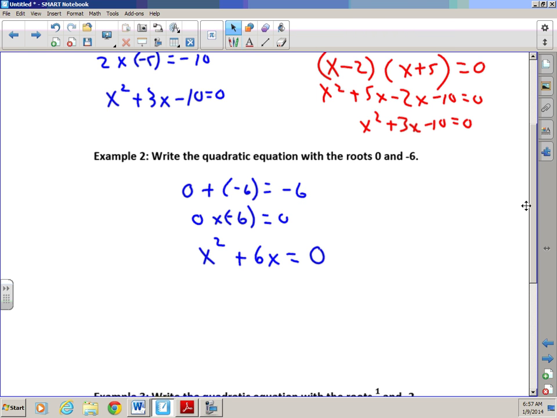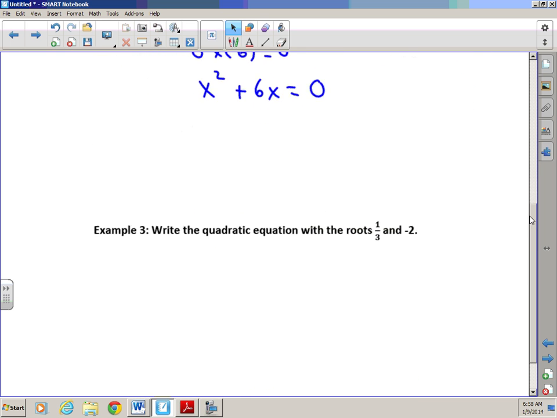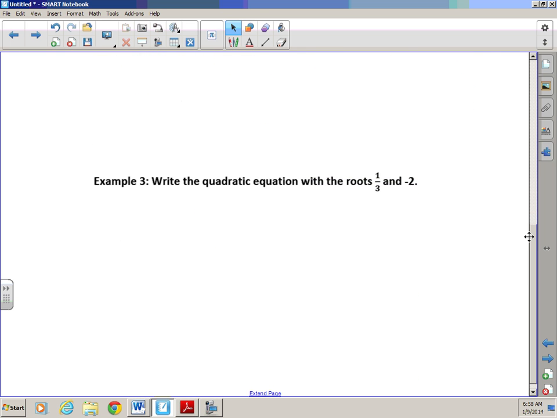And then the next example, one thing to point out, there actually is an infinite number of equations you can come up with. Because when you come up with your equation, if you multiply it by a constant, it's still the same equation. All right.